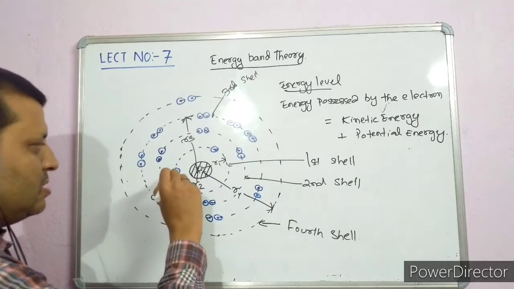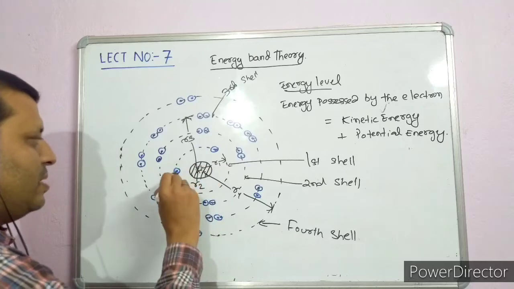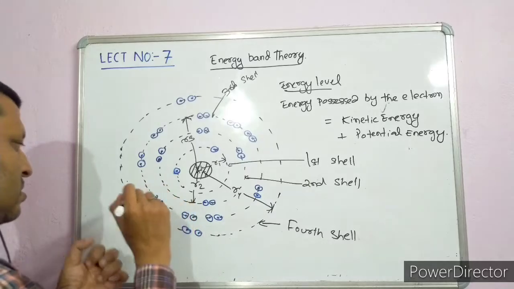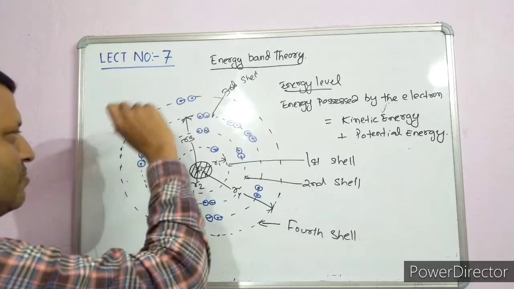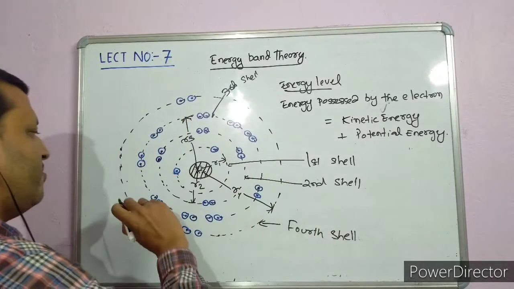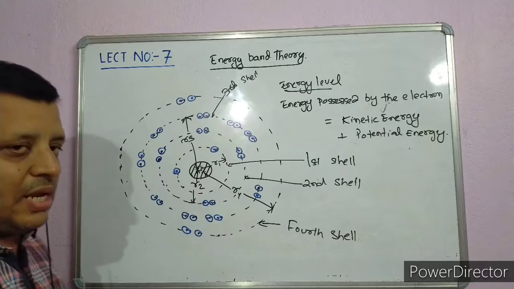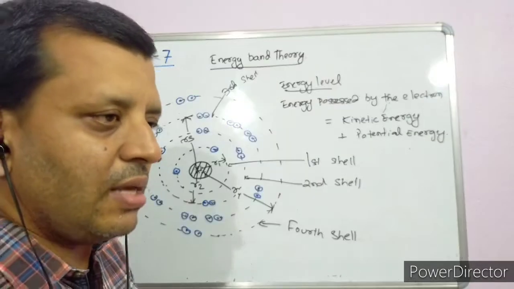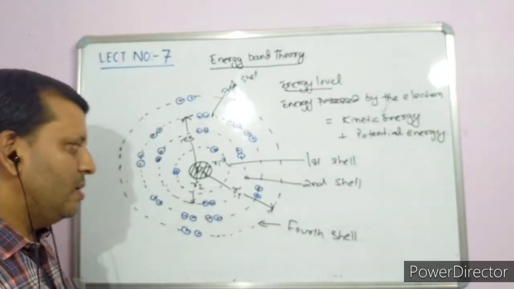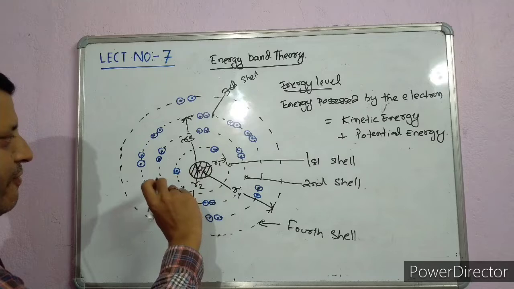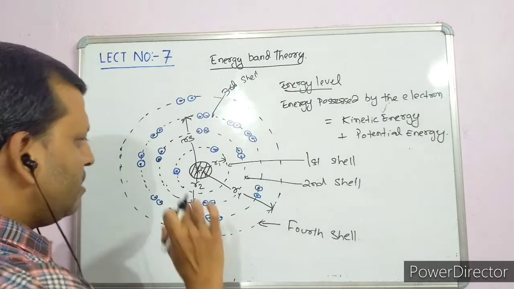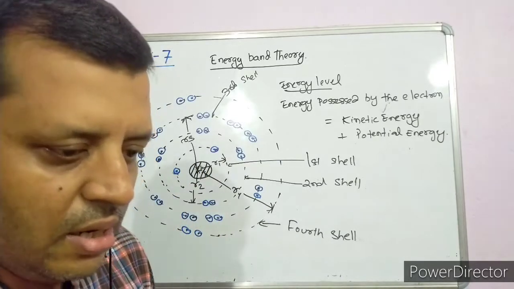Again, all the electrons moving in the third cell have the same amount of energy, which is different from the second and first cell.